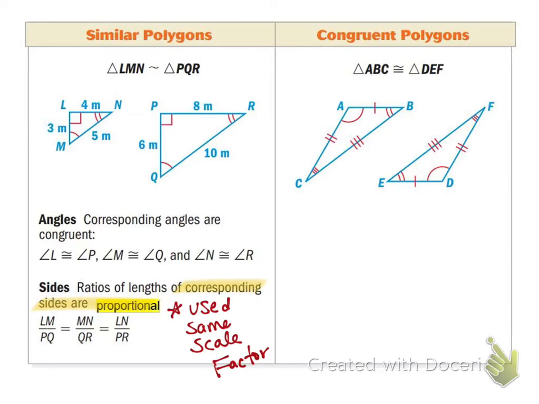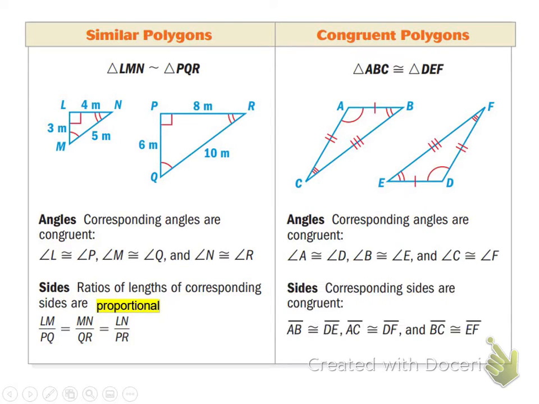And then what do we know about the sides in a congruent polygon? They're congruent. So you can write, corresponding sides and angles are congruent. So a side's congruent to a side, an angle's congruent to an angle. That's what makes a congruent polygon congruent.